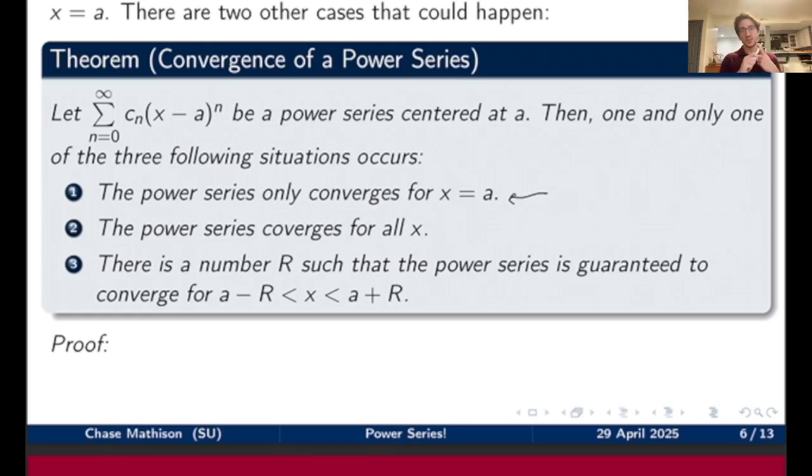The power series for e to the x is like this. The power series for sine and cosine of x is like this. And there's a bunch of others that satisfy that condition. But what happens most of the time is that we're somewhere in between the worst possible case and the best possible case.